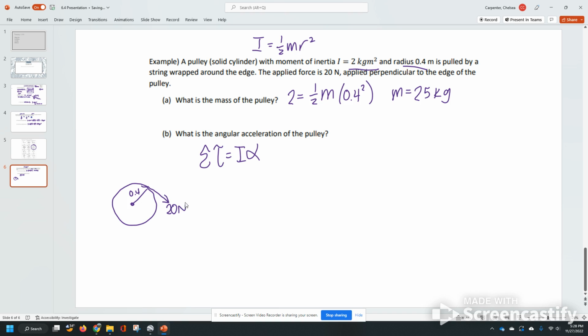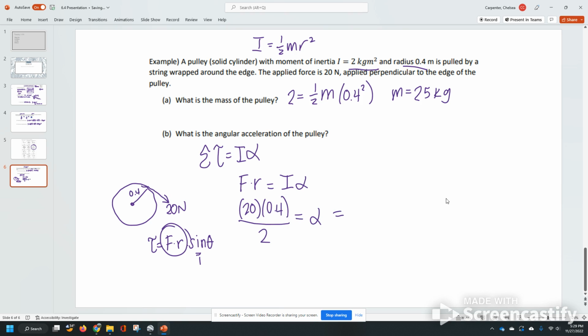This perpendicular part makes it really nice because torque is force times distance times sine theta, and sine of 90 is 1. So it's just force times distance for the sum of torques. Force times distance equals I times alpha. Force is 20 newtons times 0.4 meters away, divided by 2 equals alpha, and that gives us 4.